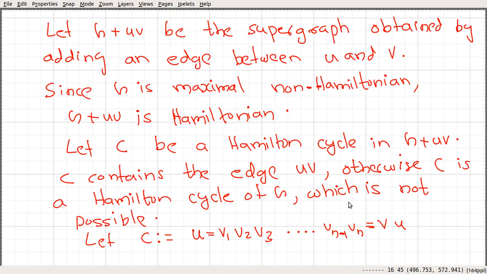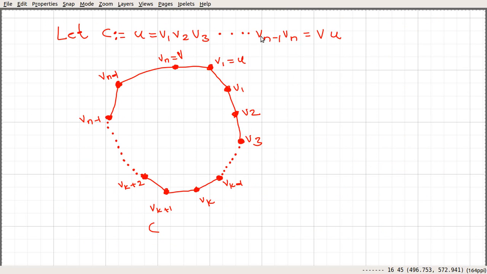So let that cycle be this one, and suppose the cycle is denoted like this. We have this cycle, and this cycle has these vertices V1, V2, V3, and this is a Hamilton cycle in our graph, G plus UV.